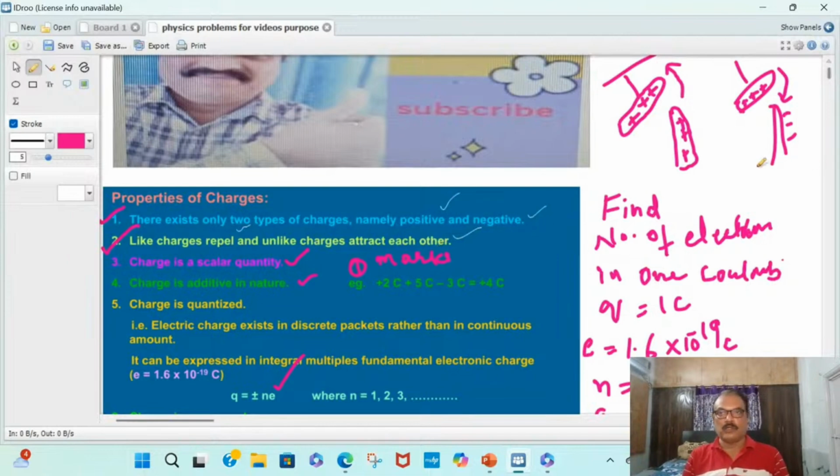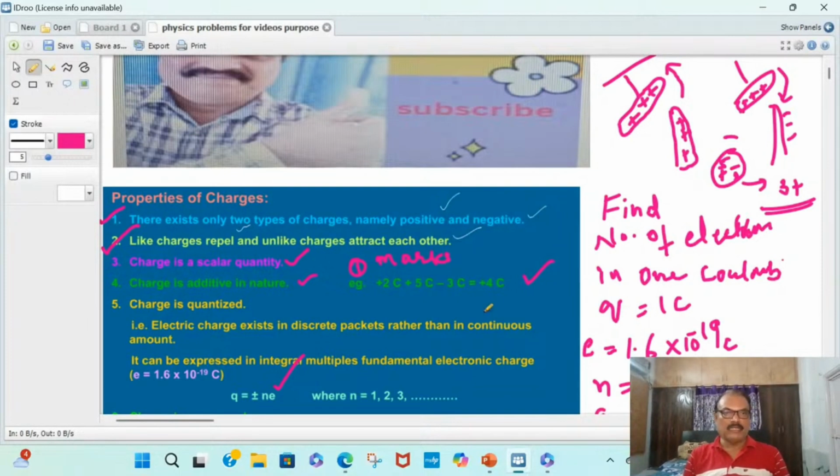Suppose the total charge in a body, if you take positive and negative, there are five positive and two negative, the total charge will become three positive. So that is the additive nature.